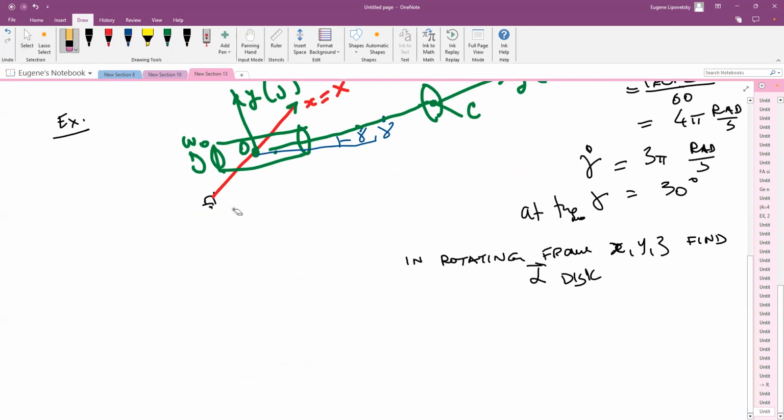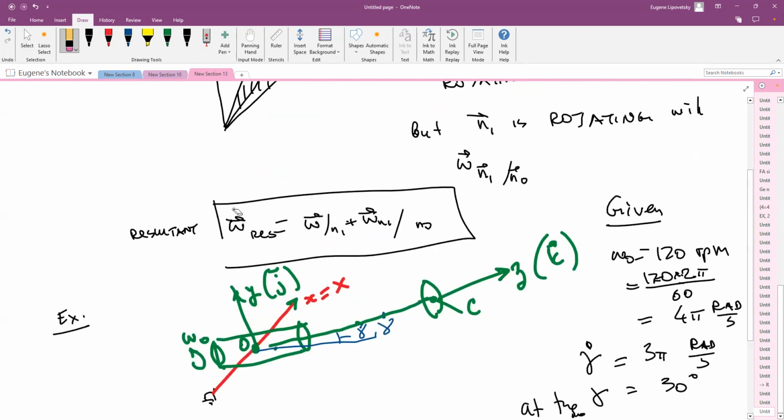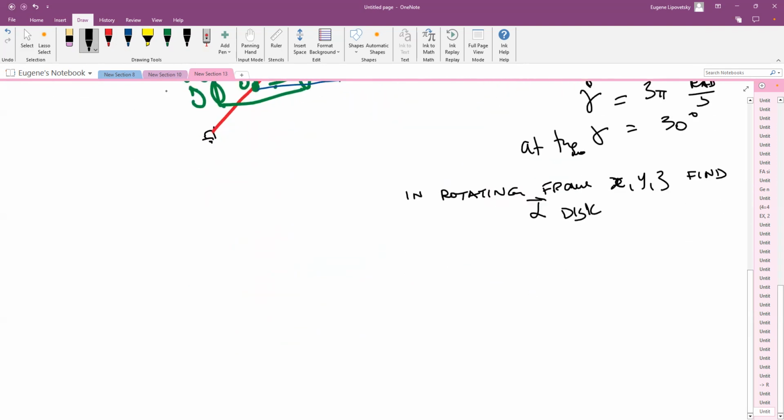The A is there on the disk. That's the A. Disk, VA, and acceleration of point A.